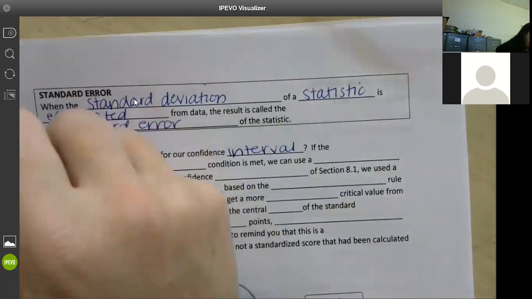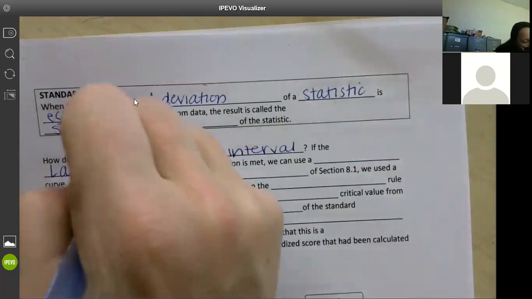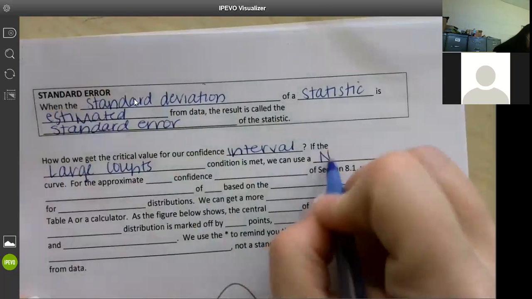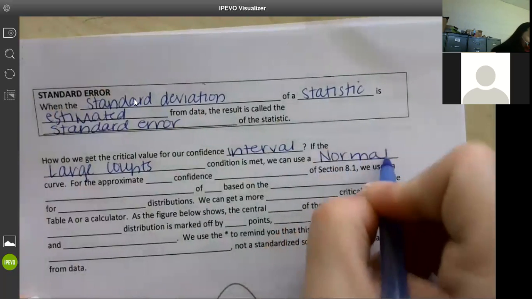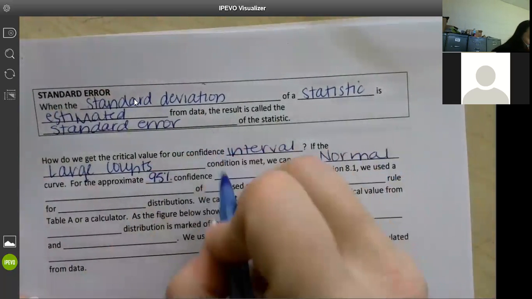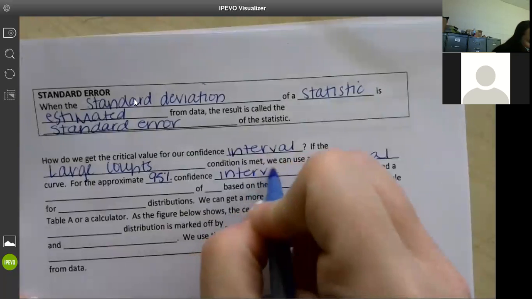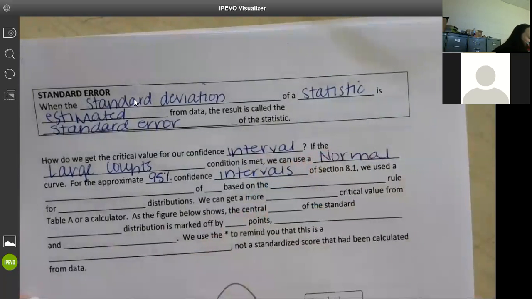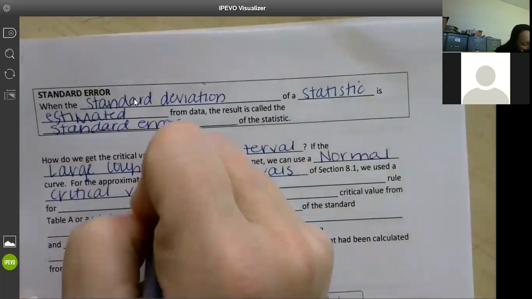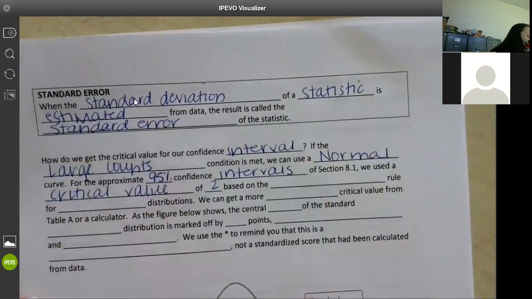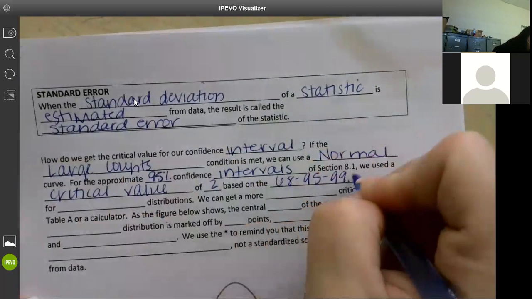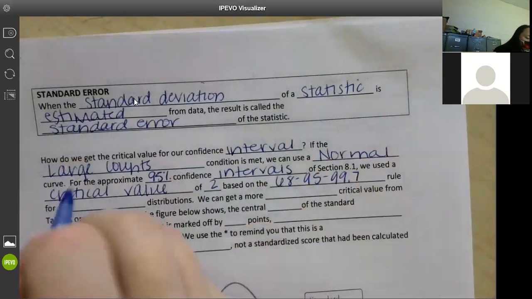If the large counts condition is met, we can use a normal curve. For the approximate 95% confidence intervals of section 8.1, we used a critical value of 2, based on the 68, 95, 99.7 rule for normal distributions.